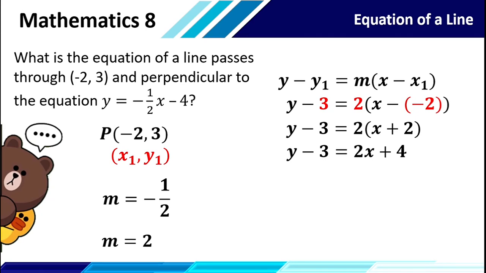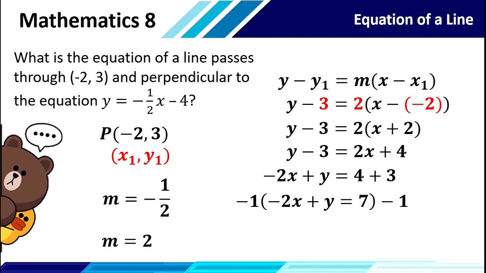And this time, we can convert this equation into standard form. So 2x will be transferred to the other side and -3 will be transferred to the other side. So we will have -2x + y = 4 + 3. We can simplify this further: -2x + y = 7. Because we have a negative leading coefficient, we will multiply both sides by -1.